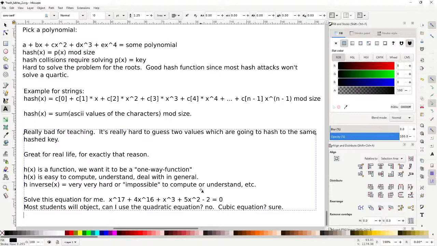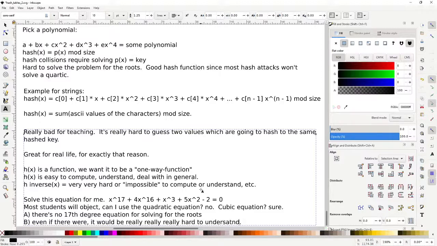And so A, there's no 17th degree equation for solving for the roots. So that's one problem. And B, even if there was, it would be really, really, really hard to understand. So that's kind of what we mean by a one-way function.